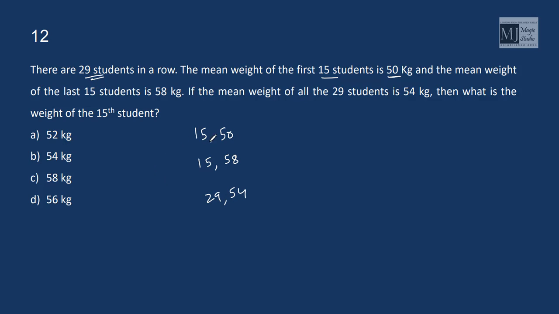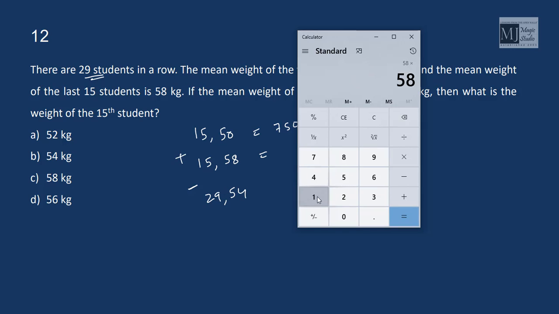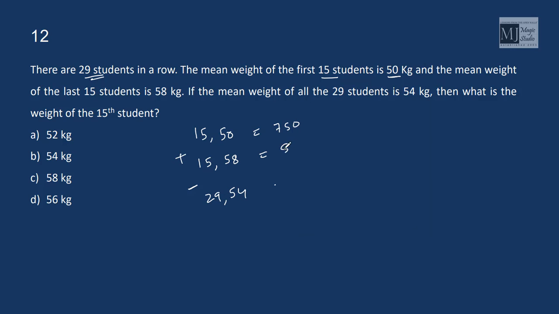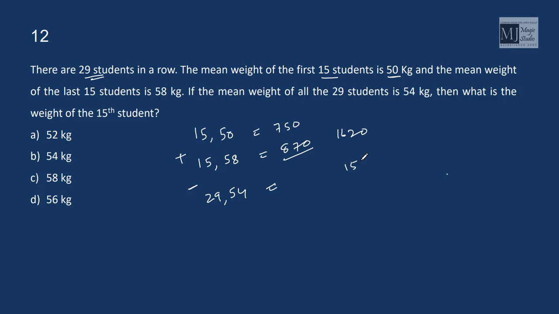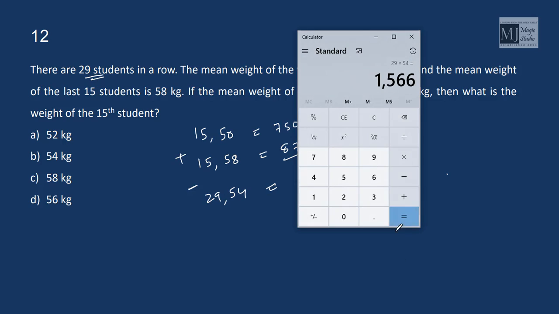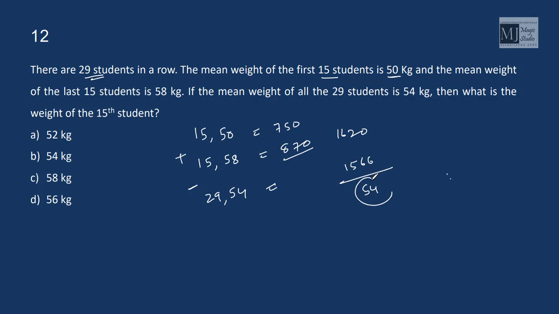That is simply 15 into 50 plus 15 into 58 minus 29 into 54. 15 into 50 is 750. 15 into 58 is 870. This is 1,620. 29 into 54 is 1,566. 1,620 minus 1,566 is 54. What is the weight of the 15th student? 54 kgs.